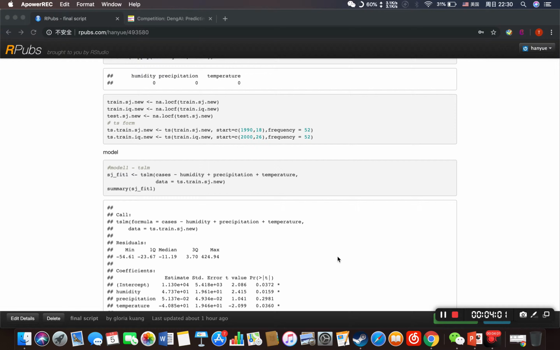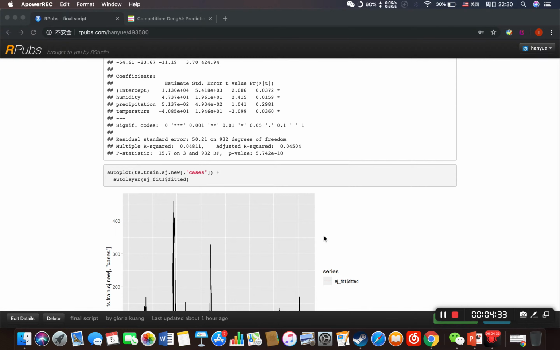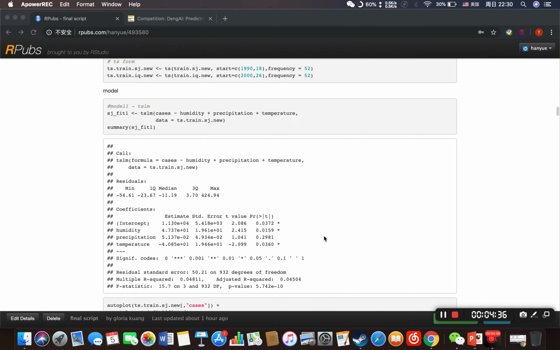GARCH cannot, maybe it can, but I don't know. And VAR is focusing on the relationship between two variables, which is not what we are researching. And ETS cannot handle exogenous regressors, and it performs badly when we have a periodic pattern exceeding 24. So that's basically the reason why I chose those three models.